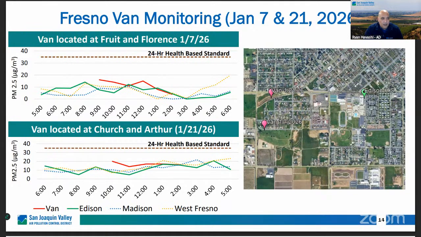At least in this initial look, we're not seeing that, which I think is a good thing. This was done during the week, when businesses are operating, so if there were spikes, we think we would have seen them on these days. But this is why it's important, and it's good for the community steering committee to provide recommendations on areas where they think there may be an impact, so that we can go out and take a look at that.